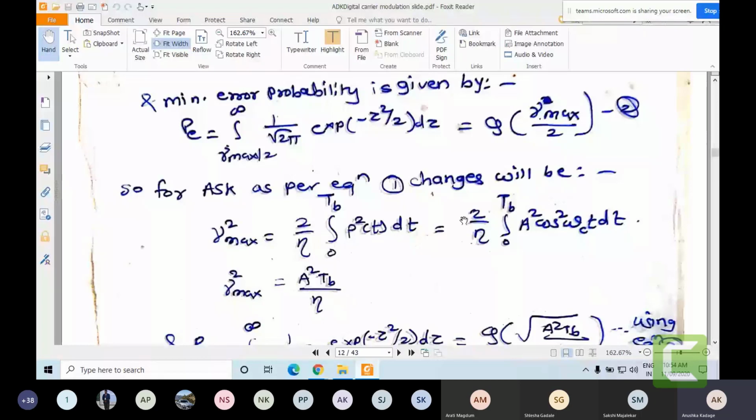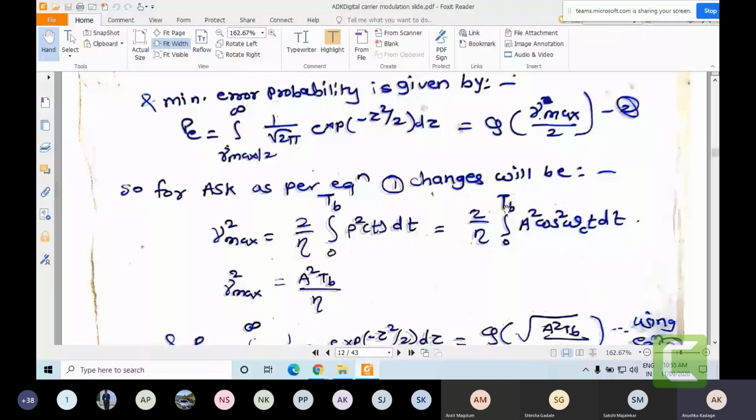So either it is A square cos square omega ct or it is 0. And that's why here we are considering only that instance when the maximum output of A square cos square omega ct we are going to obtain, and that will exist for only 1 bit period. So the integration time we are taking as 0 to Tb.